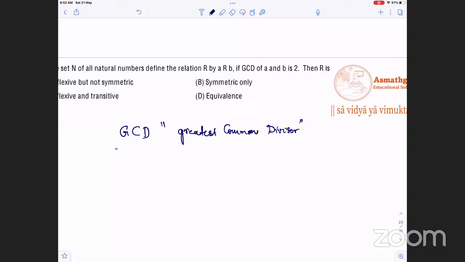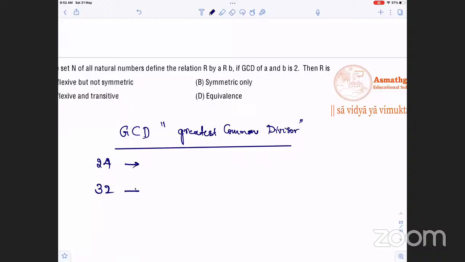What do you mean by greatest common divisor? Suppose I take two numbers, for example 24 and 32.